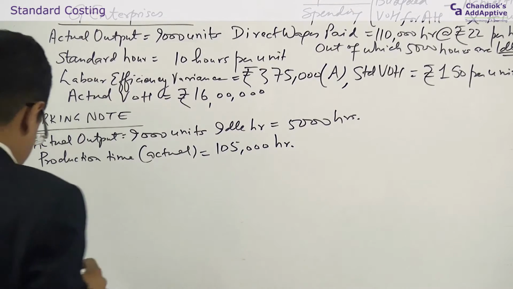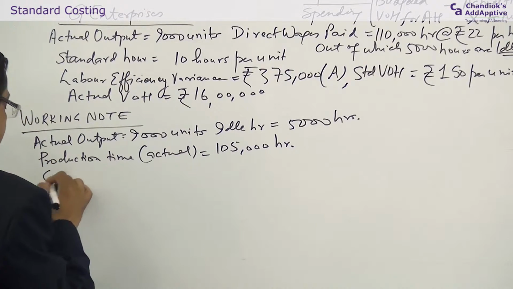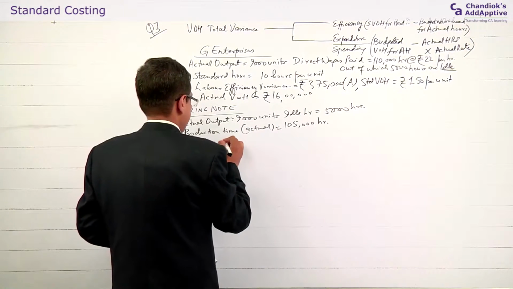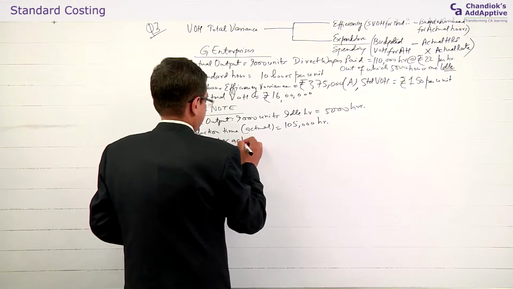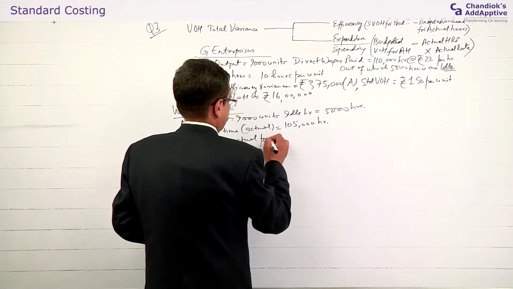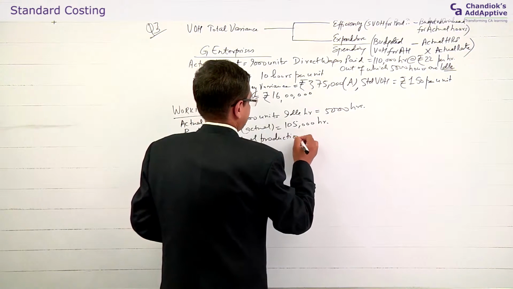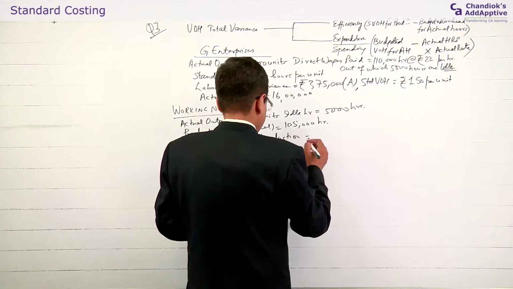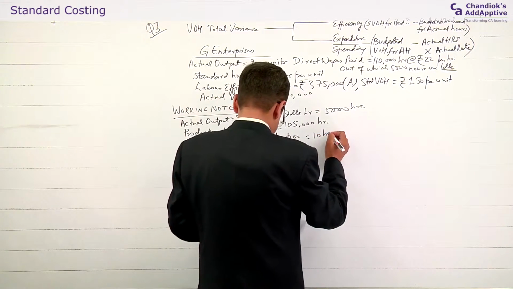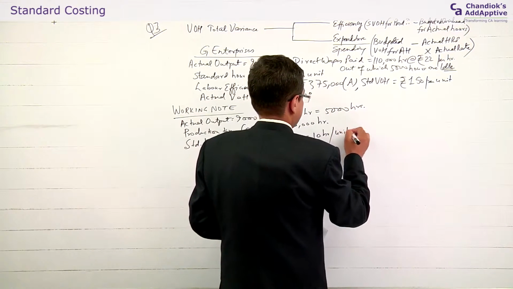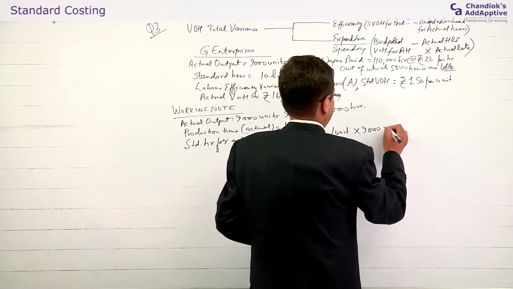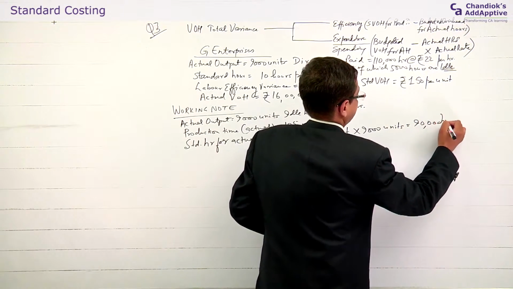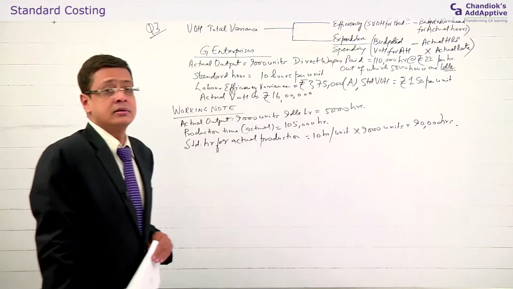Now, standard hour for actual production is to be found out. You see, you have 10 hour per unit for 9,000 units. That means 90,000 hours is available to you.